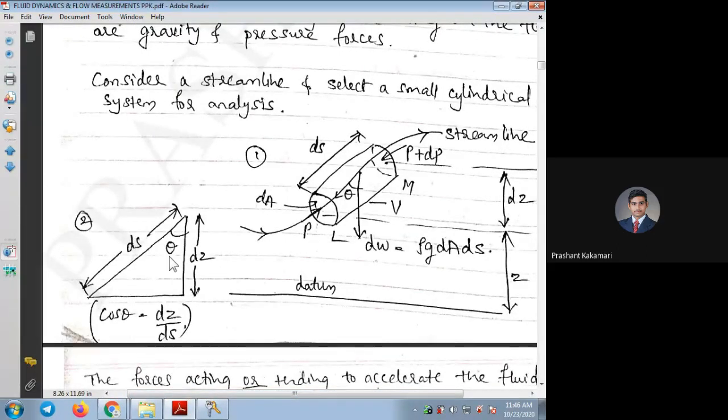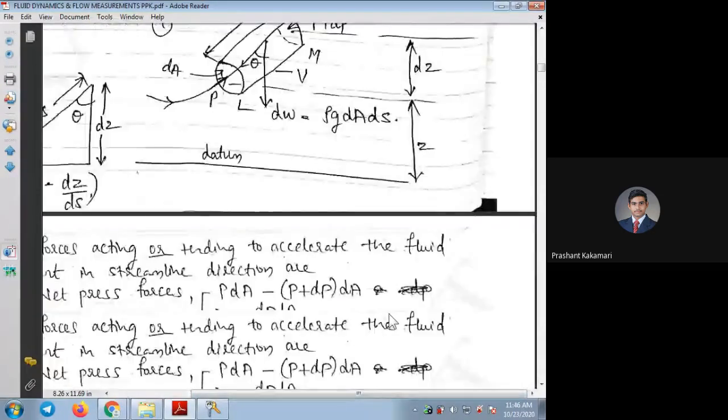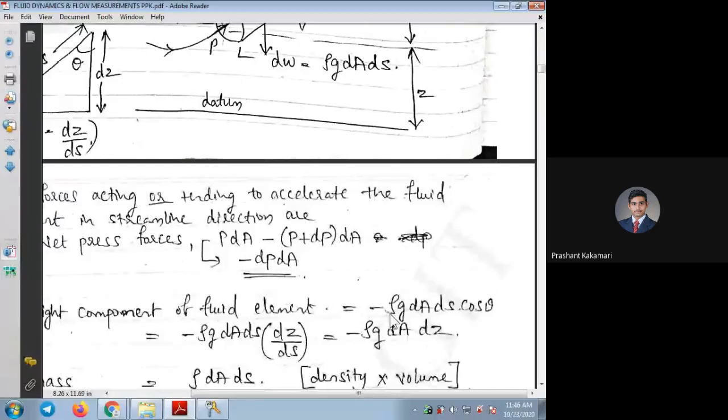According to this triangle, we know the hypotenuse and the adjacent line. Then I can write it as cos theta. That is minus, the downside direction. In the flow direction, rho g dA ds is the weight of the liquid, with cos theta. In the vertical direction, it is only dA dz, not with cos theta.